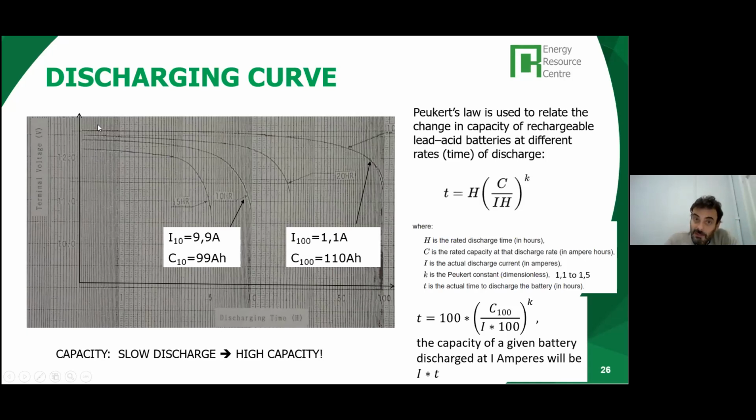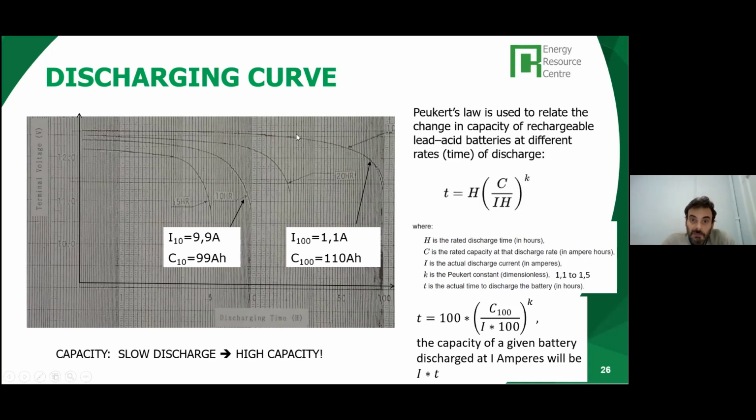But the same battery, if we discharge it over a very long time, 100 hours, of course, discharging it over 100 hours means drawing a smaller current from it. Instead of 9.9 amps, we only draw 1.1 amp current.